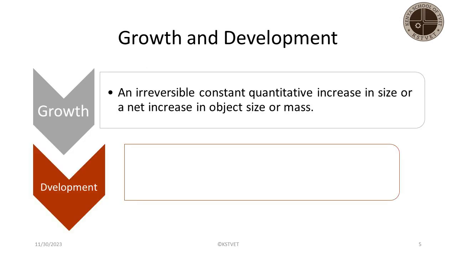Is your answer close to this one? It is worth noting that growth is an irreversible, constant quantitative increase in size or a net increase in object size or mass. These quantitative changes occur from conception to death.